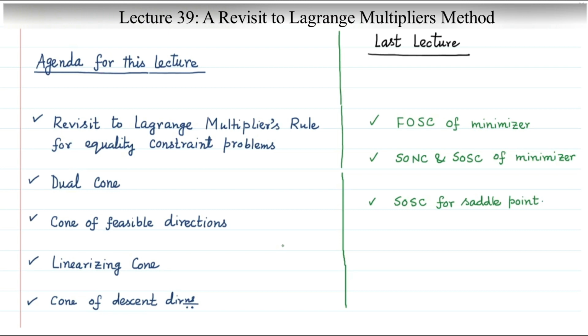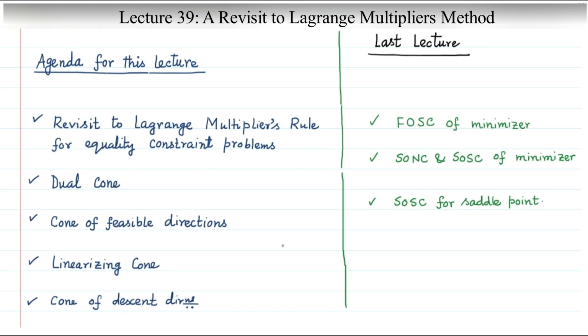In order to enhance its applicability, we will need a new type of cone called the tangent cone. With the help of the tangent cone, in the next class we will discuss the geometric optimality condition. From there we will find the Karush-Kuhn-Tucker necessary optimality condition for a constraint optimization problem.